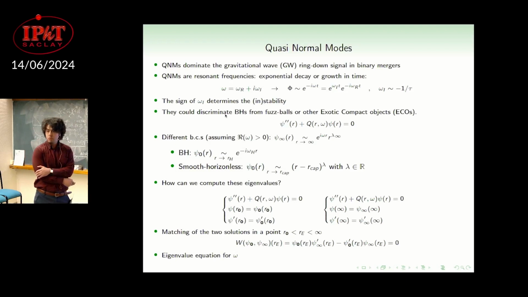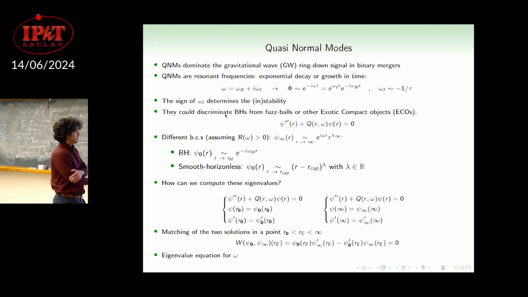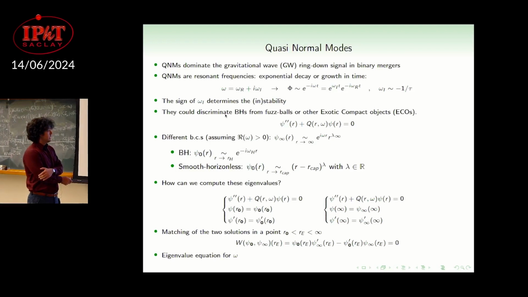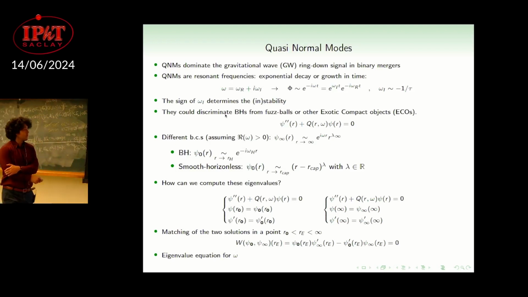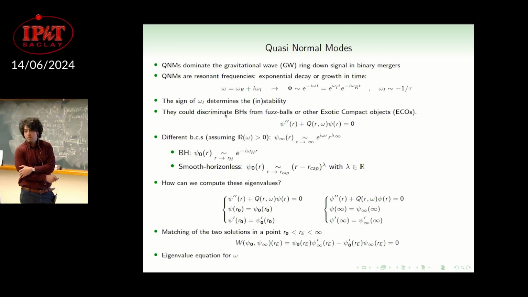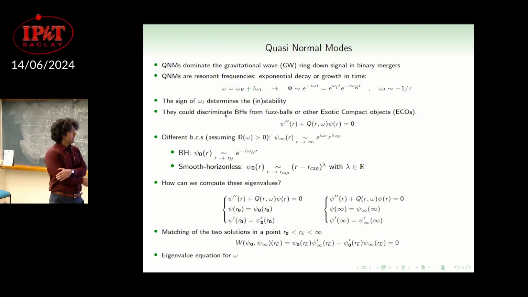And you get a solution. So you have one solution with the correct boundary condition at the horizon, okay? Then you repeat the calculation using the boundary condition at infinity. So you solve this problem numerically, for example, and you have another solution.